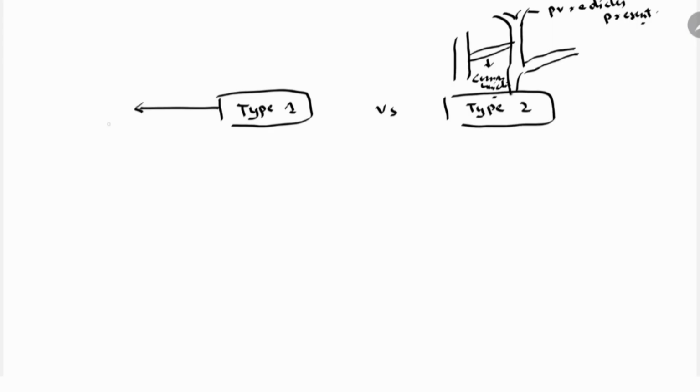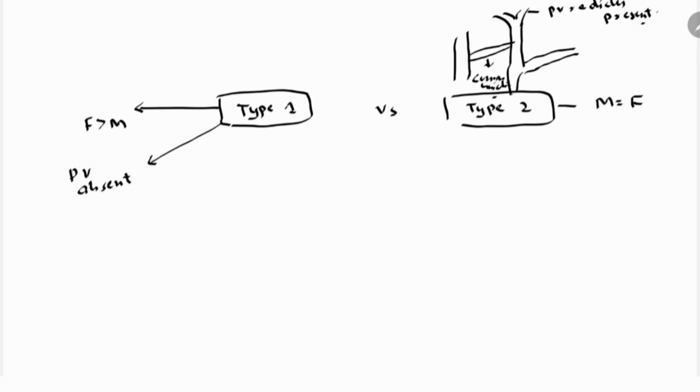So, what are the differences between type 1 and type 2 portosystemic shunts? Type 1 is more common in females, while type 2 is equally prevalent in males and females.